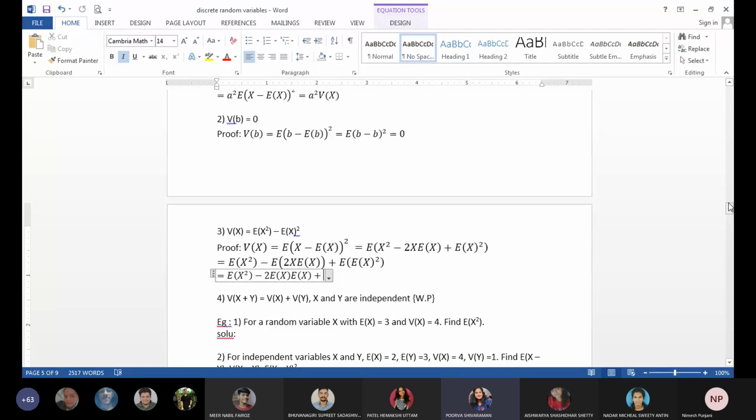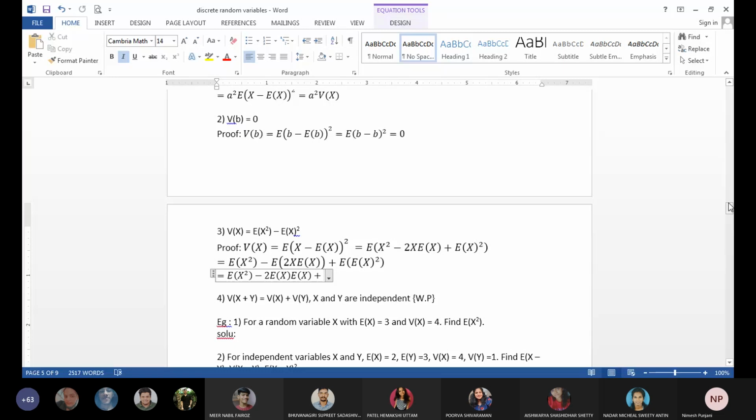Yes, sir. And the third term, third term. What is it? Expected value of x का square. But just now we discussed कि expected value of x is a scalar. तो उसका जो square है वो भी तो scalar होगा ना.